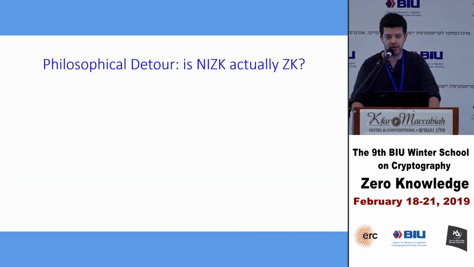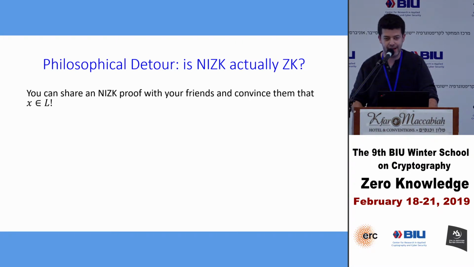Before telling you what we can do with NIZKs and how we build them, just a short philosophical detour: is this notion that we just defined, NIZK, really zero knowledge? The tricky aspect is that if I give you an NIZK proof, then you can use this proof to convince someone else.